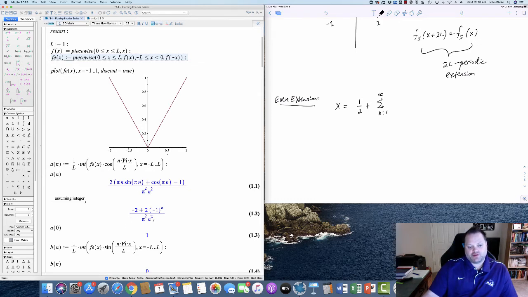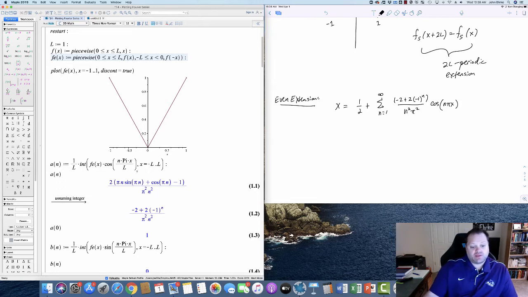So this is the coefficient formula for the an's. So that formula would be -2 plus 2 to the -1n over n squared pi squared times cosine n pi x over 1.